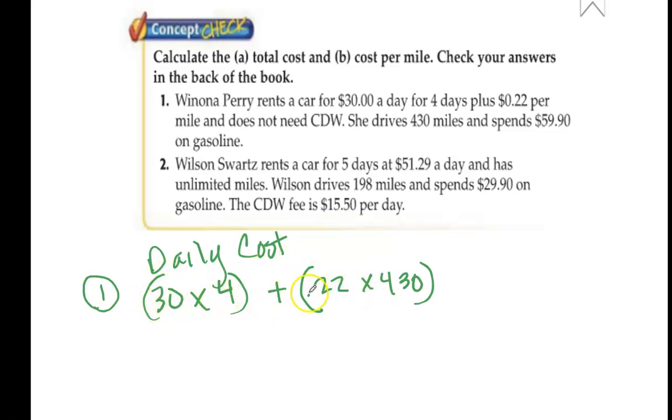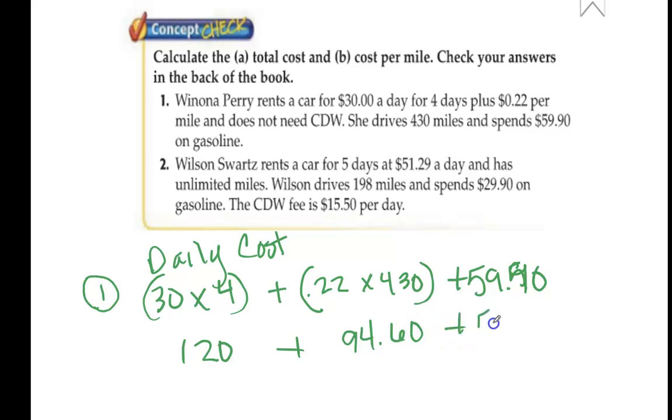If you do 30 times 4 plus 22 times 430 without them, I don't think you're going to get the right answer. Sometimes calculators perform that differently. Plus, she doesn't need the CDW, but she did spend $59.90 on gas. So if this is 120, plus this comes to, I believe, $94.60, plus the $59.90, you should get $247.50. Now, that's just my total cost.